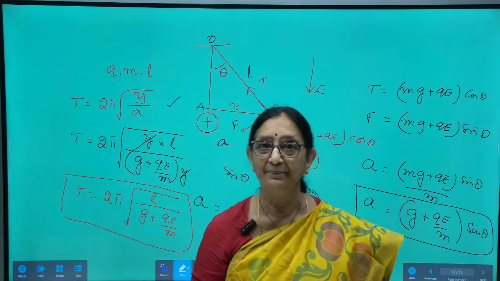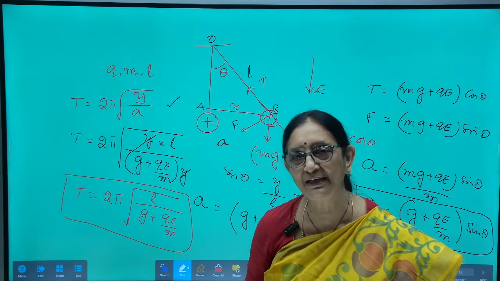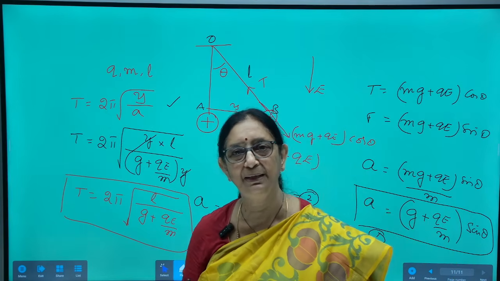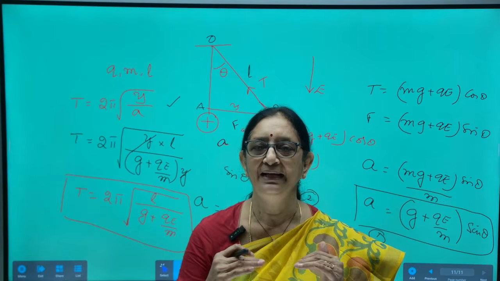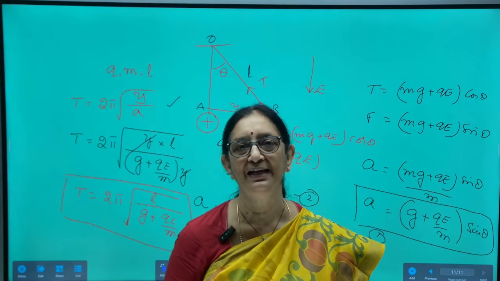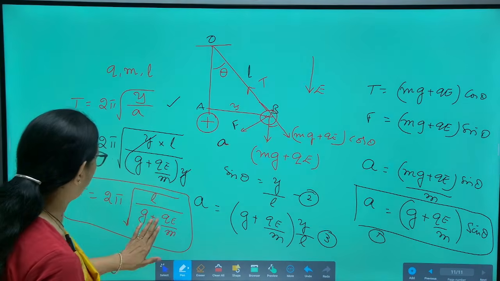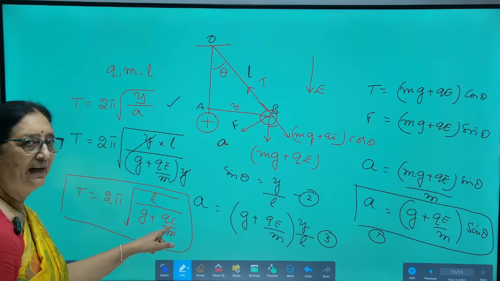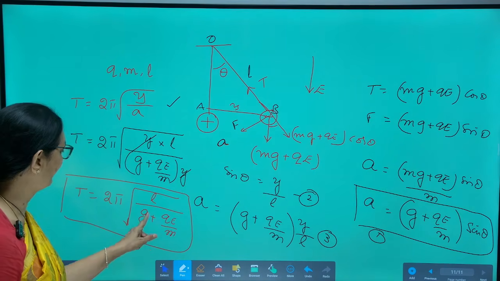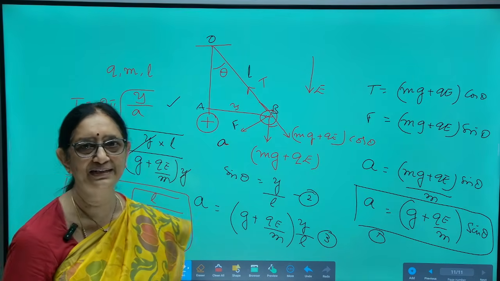I am repeating, this is the expression for time period of oscillation of a simple pendulum with a charged bob oscillating in a uniform electric field acting in the vertically downward direction. If there is no electric field, it is simply 2 pi root L by g. In presence of electric field, the denominator is increased, meaning time period of oscillation is decreased.